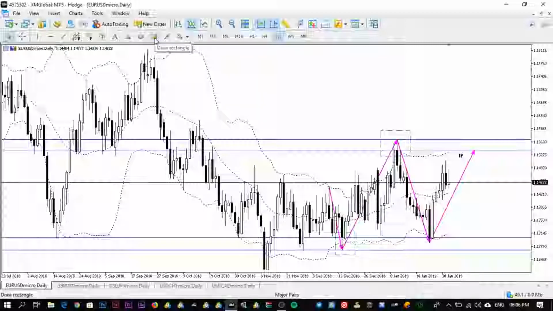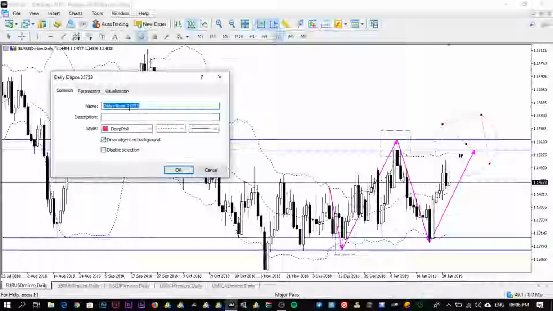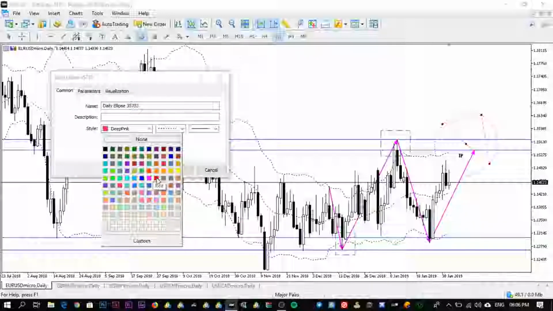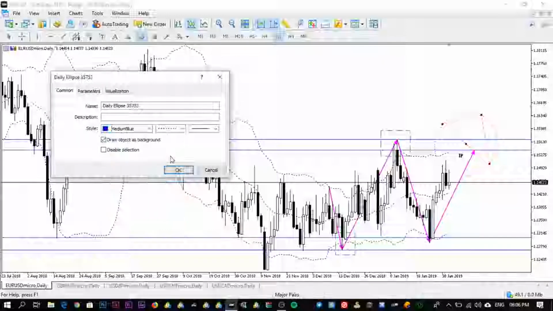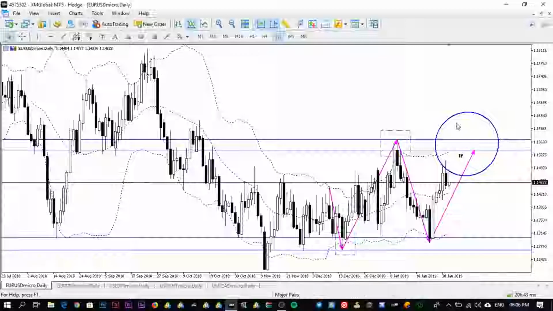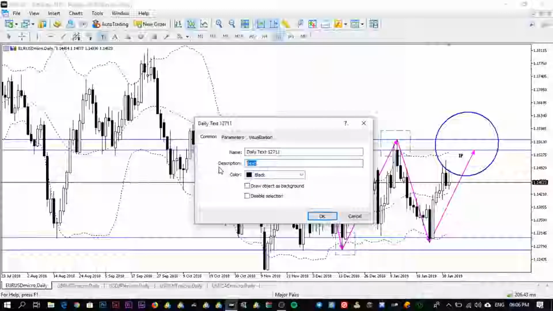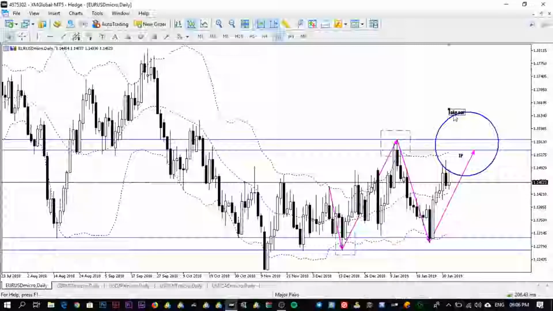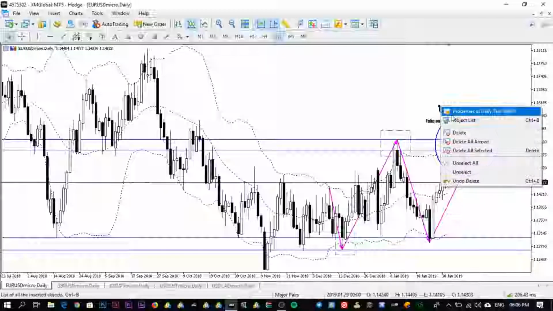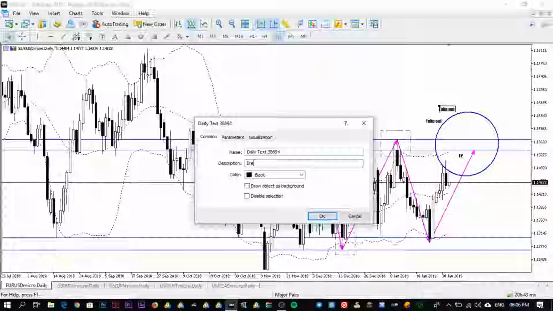So what I would then be looking out for this coming week is that in this region over here, let's make that medium blue. That's fine. In this coming week, what I'd be looking out for here is a possible fake out, or I'll be looking at a possible breakout.